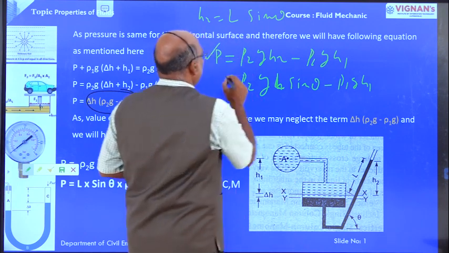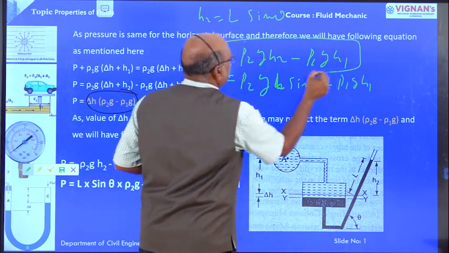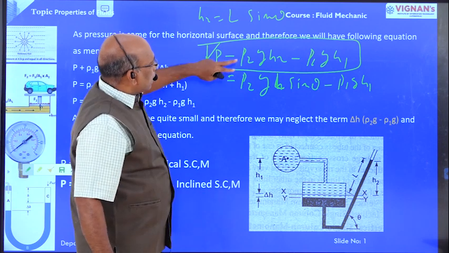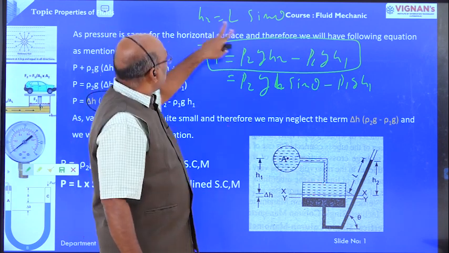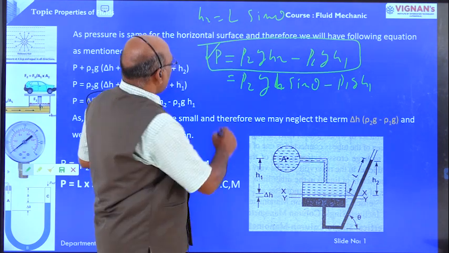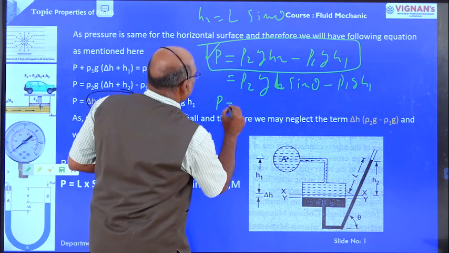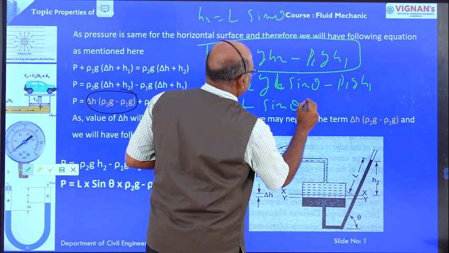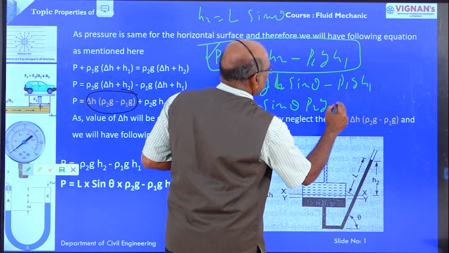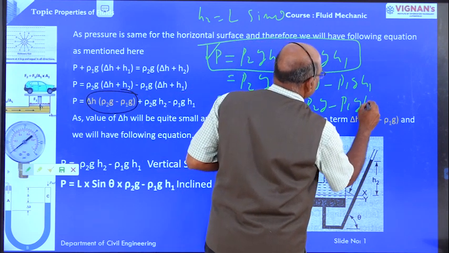This formula is applicable in case of a vertical single column manometer. In case of an inclined single column manometer, H2 is equal to L sin theta. Therefore, in case of an inclined single column manometer, PA is equal to L sin theta rho 2 G minus rho 1 G H1.